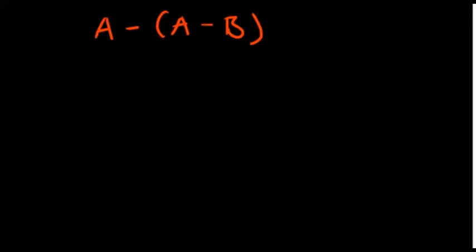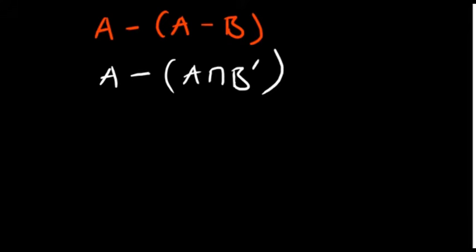The next part, we now have A minus B. What does that mean? This means A minus B is the same as A intersection B complement.